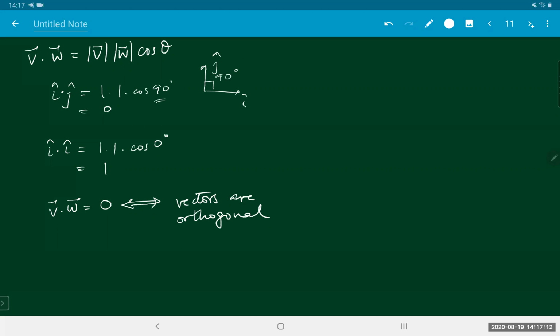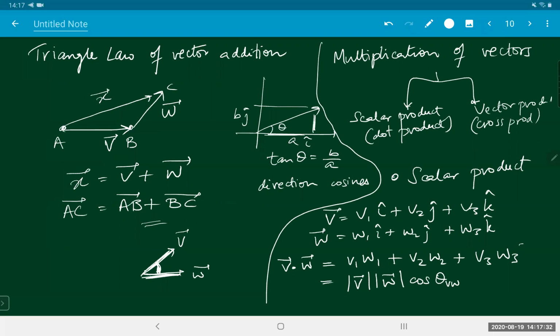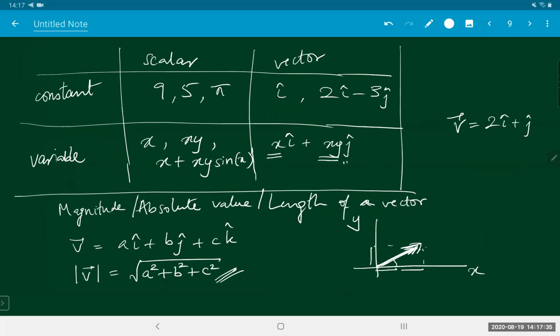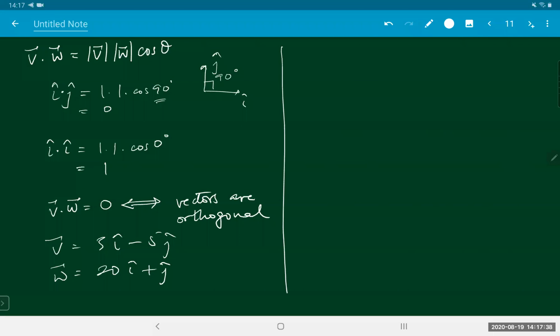If I give you two random vectors, say v is 3i minus 5j and w is 20i plus j, and I ask you what is the angle between them, how would you do it? You would use both these formulae together. v dot w is v1w1 plus v2w2. So this is going to be 20 times 3 is 60, minus 5 times 1 is minus 5.